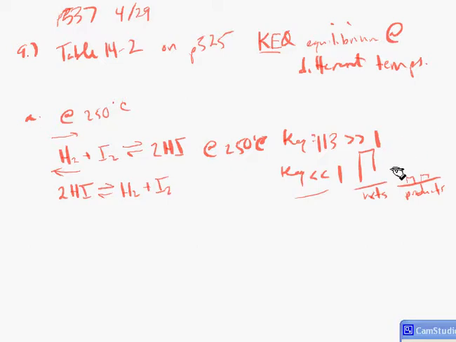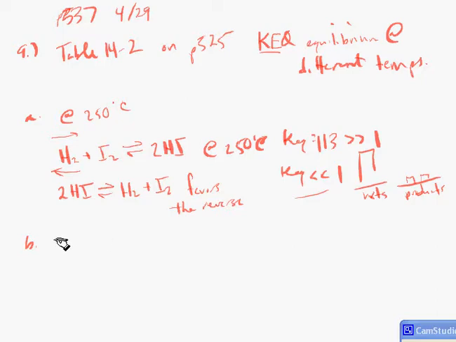So determine whether the following equations favor the forward or the reverse. Well, what you would say is it favors the reverse for part A. If we look at B, they want us to look at N2 plus O2 forming 2NO.